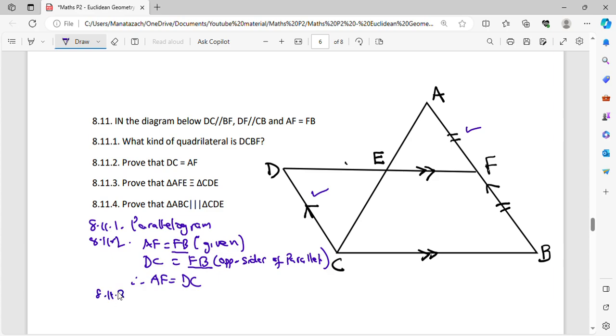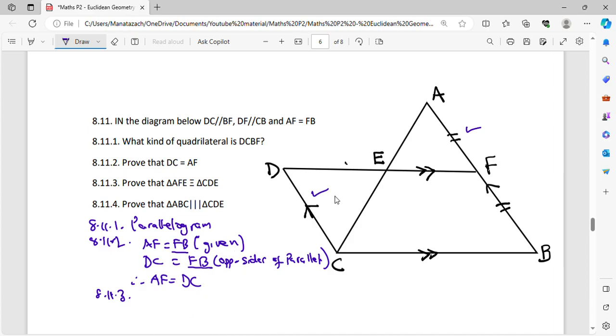Coming to the next question, prove that triangle AFE is congruent to triangle CDE. So here is AFE, here is CDE. Prove that these two triangles are congruent.